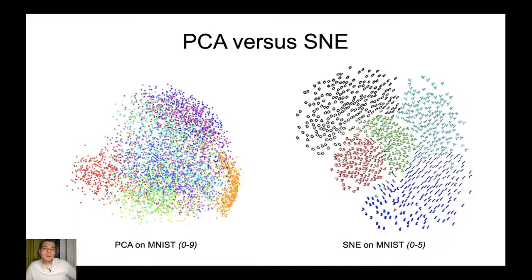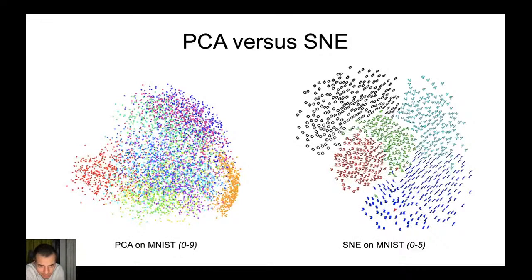Okay, and this is a result on the MNIST dataset with PCA and with SNE. You can see here that the optimization produces clusters that are interpretable. So we see here a cluster of 0s, a cluster of 3s, clusters of 4s, clusters of 1s, and so on.